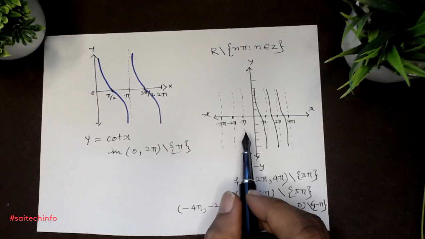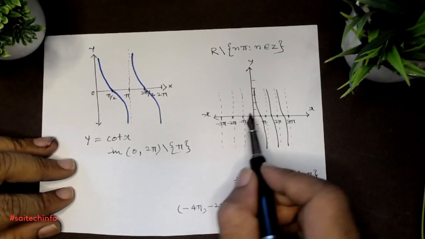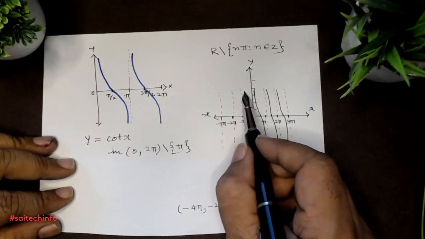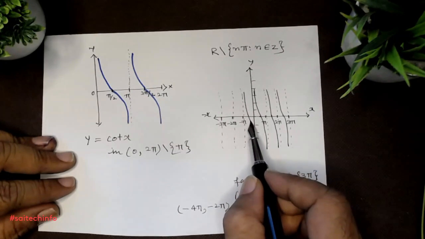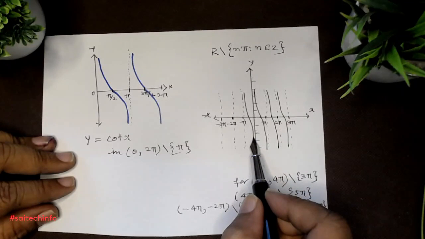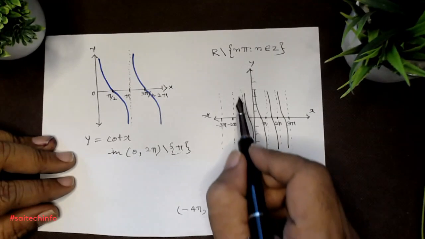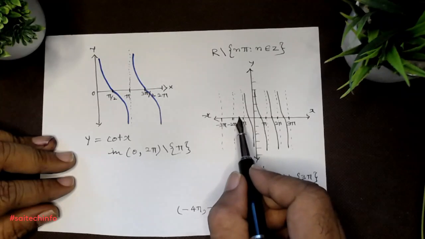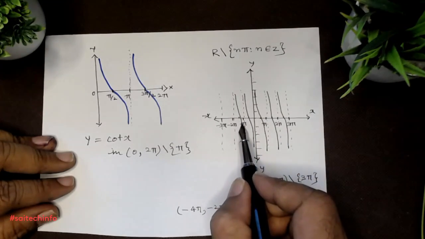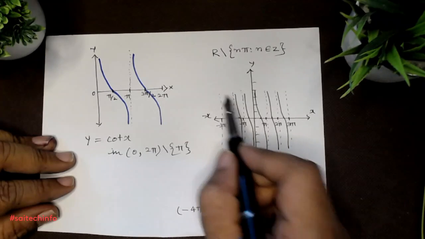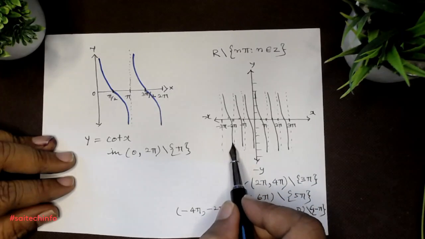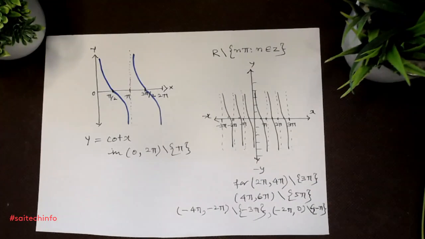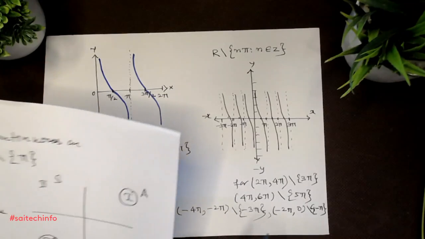Similarly on the negative side, it crosses at minus pi by 2 and does not touch 0. Similarly here it should cross like this. Got it? Right. Now let us have this once again.